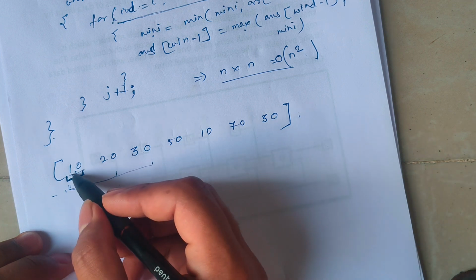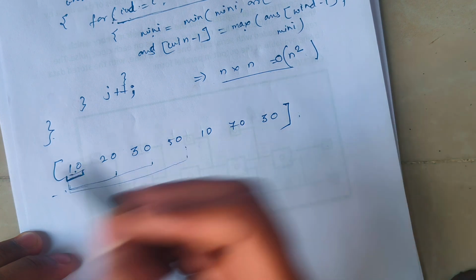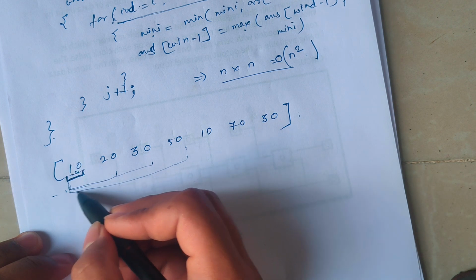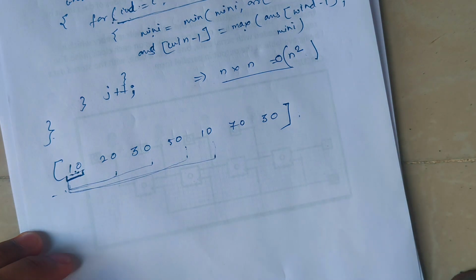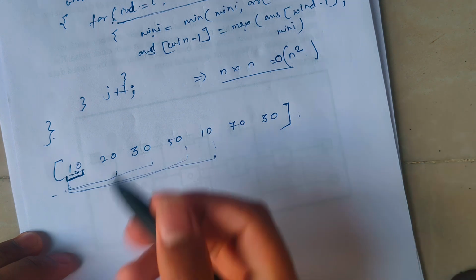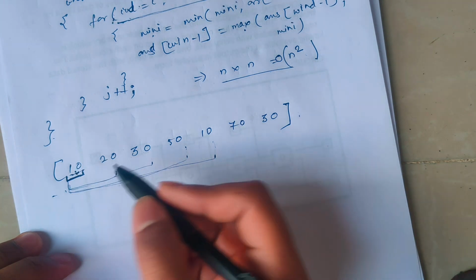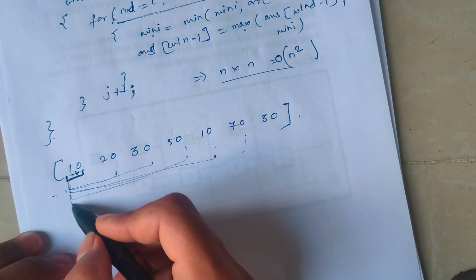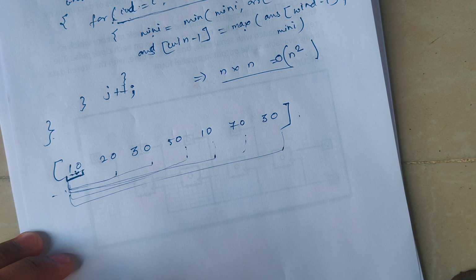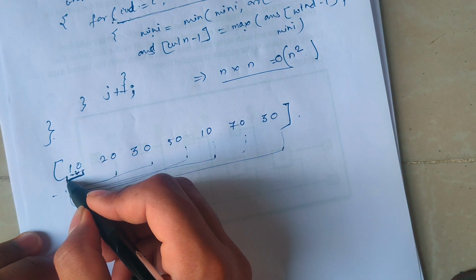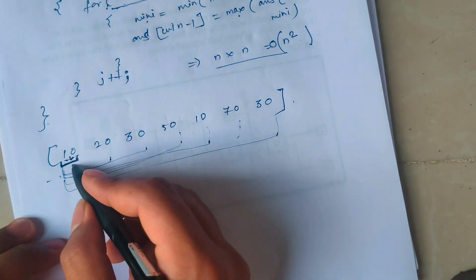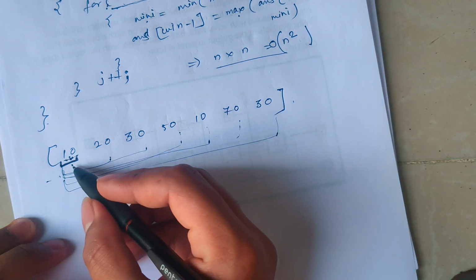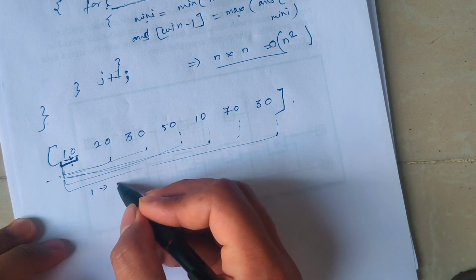Yes. For this window size, can 10 be a minimum? Yes. So this 10 could be minimum for window size up to 1 to n, right?